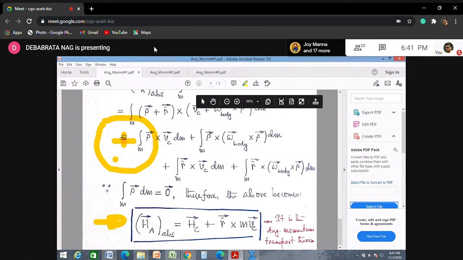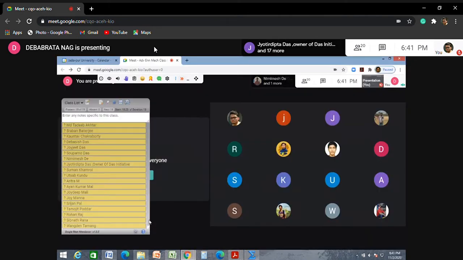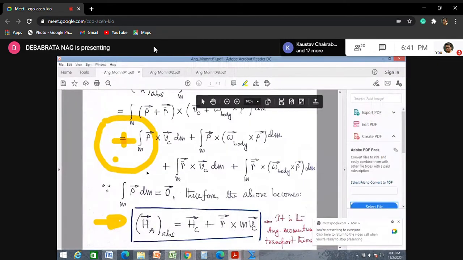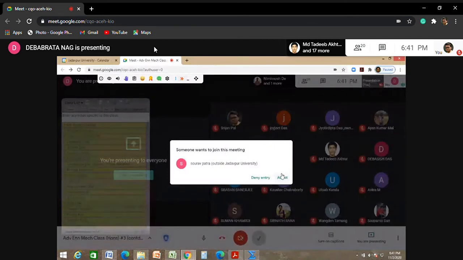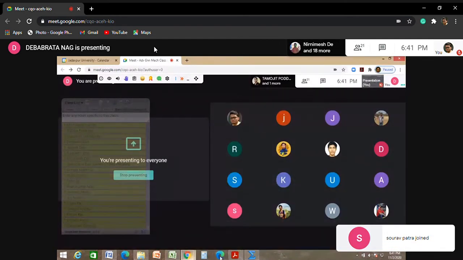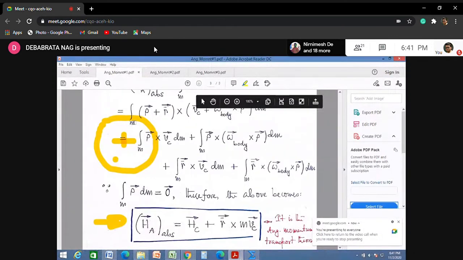So I simply say the angular momentum, and you just calculate the angular momentum about this point, the center of mass. So you get this expression h bar c.